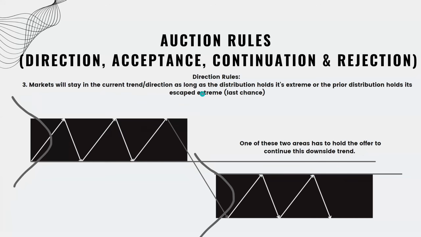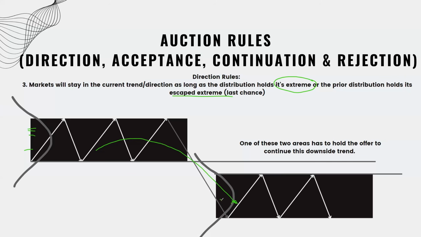So number 3 kind of plays along with that. Number 3, markets will stay in the current trend or direction as long as the distribution holds its current extremes, based on where they came from, or prior distributions hold the escaped extremes. What does that mean? In this case, we have rotations inside this higher balance, and what we're seeing is a move into a new balance.